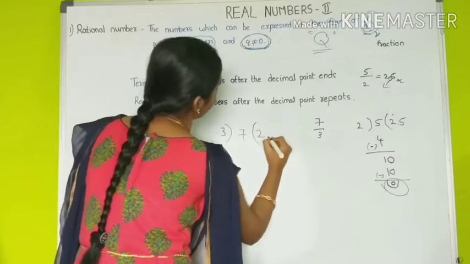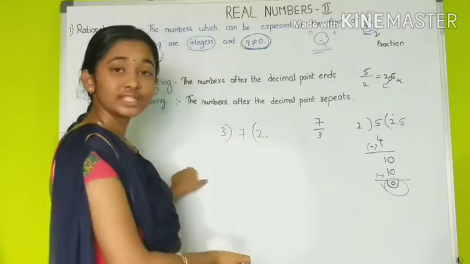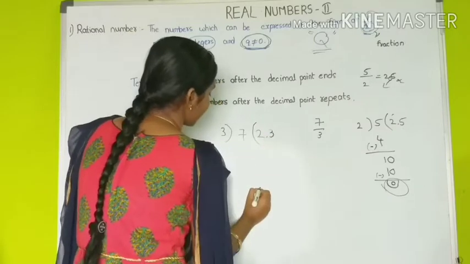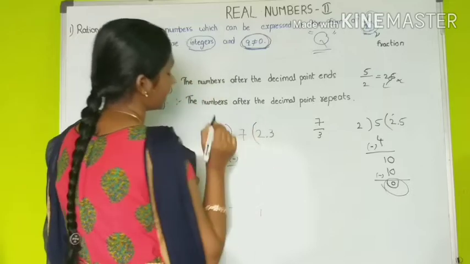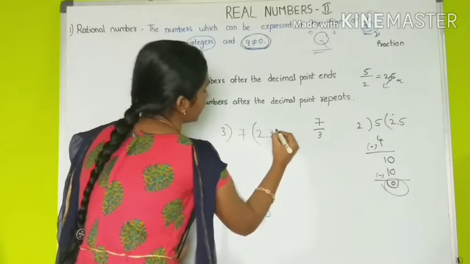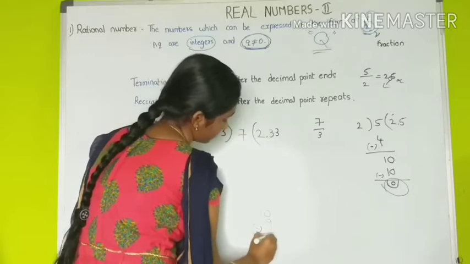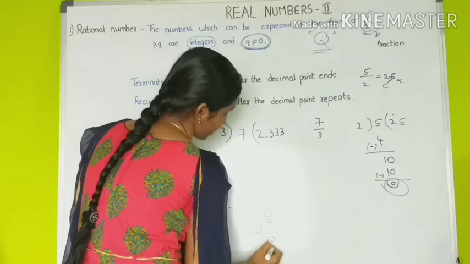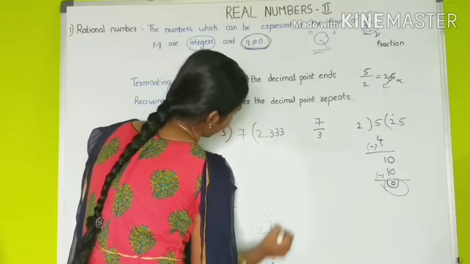And we put the decimal point and we put 0. 3 3s are 9, so we put 3 and write 9. And 10 minus 9 is 1. Again we put 0, and again 3 3s are 9, and again 10 minus 9 is 1, and again 9.